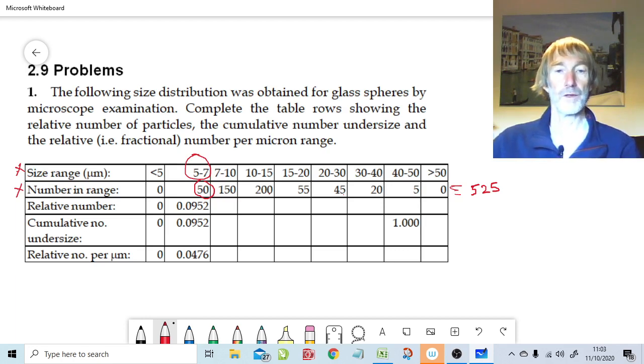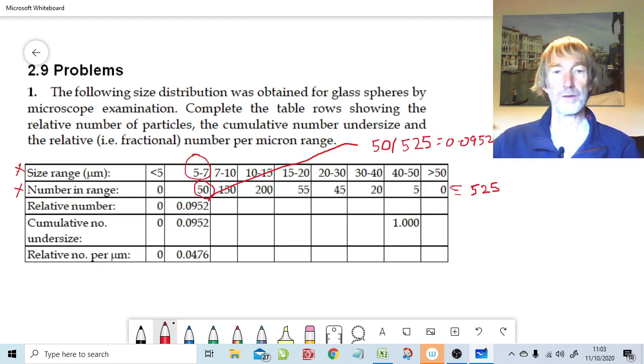Okay, so clearly to calculate the relative number in this bottom size range, then we simply want the 50 particles that are in that range, and we need to divide by the 525 total number of particles, and that gives us the 0.0952 that we see illustrated here.